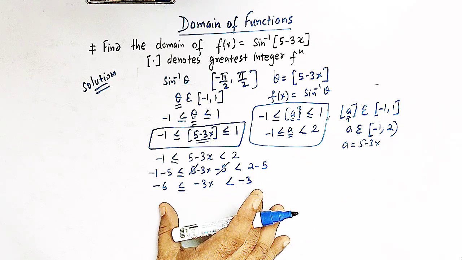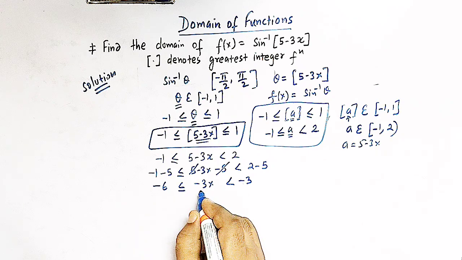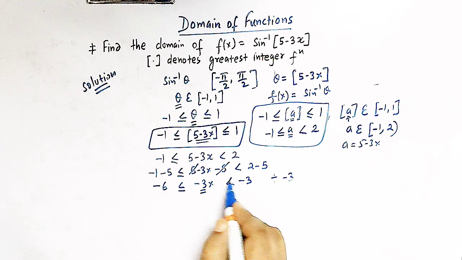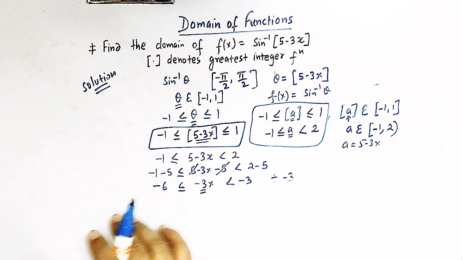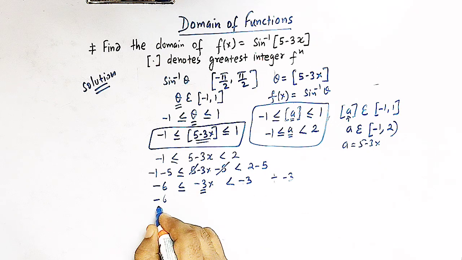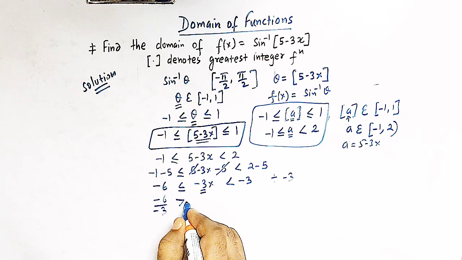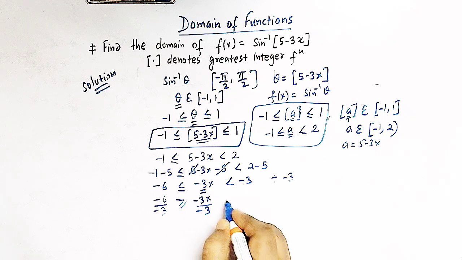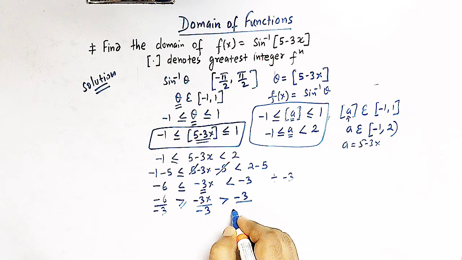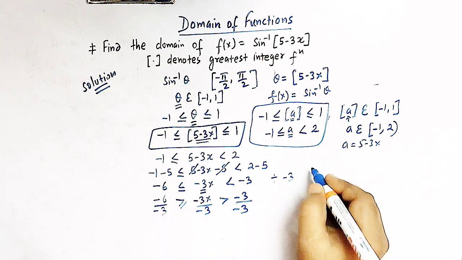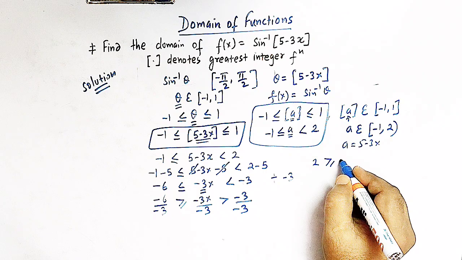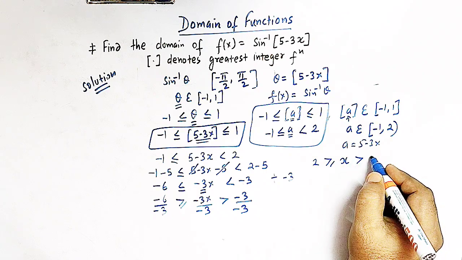So now we can divide throughout by minus 3, right? And the direction of the inequality gets reversed. So here we have minus 6 over minus 3, and then the direction of the inequality gets reversed. Here we have minus 3x over minus 3, and here we have minus 3 over minus 3. So here we'll now get 2, here we have simply x, and here we have 1.